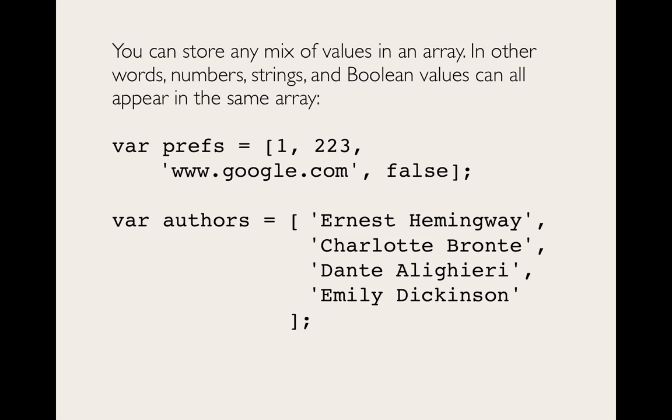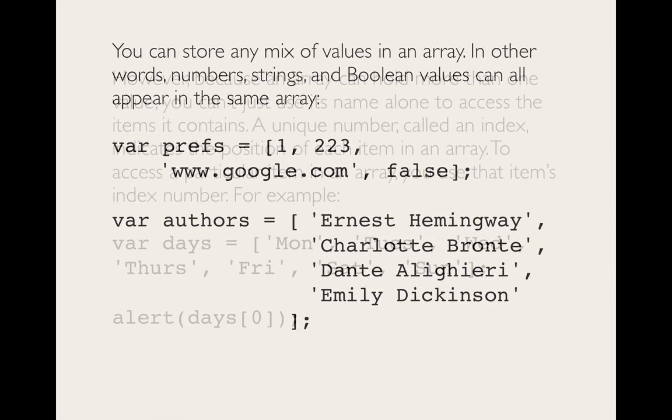Or the variable authors, which is an array with several authors' names. Notice the strings are delimited by quotes, and the different objects in the array are separated by commas. Square brackets there are very, very important in denoting an array from other types of objects.